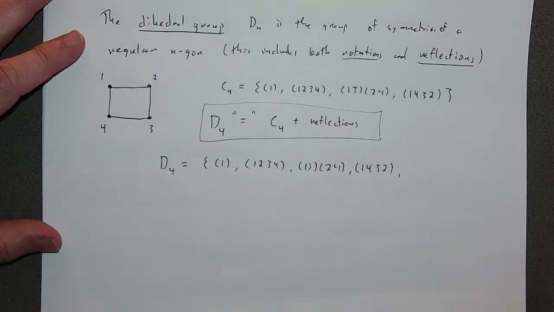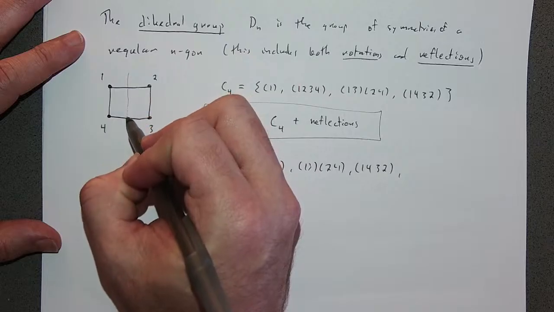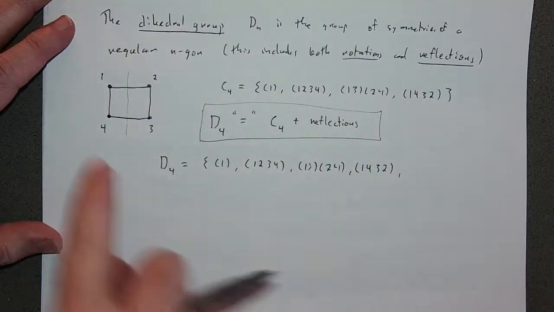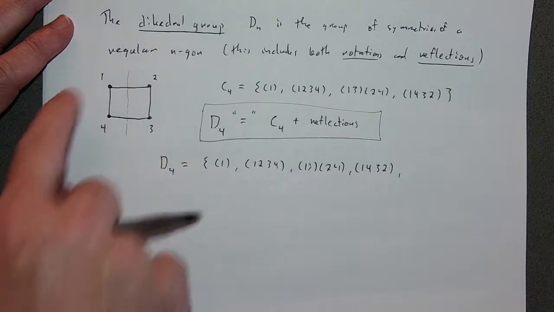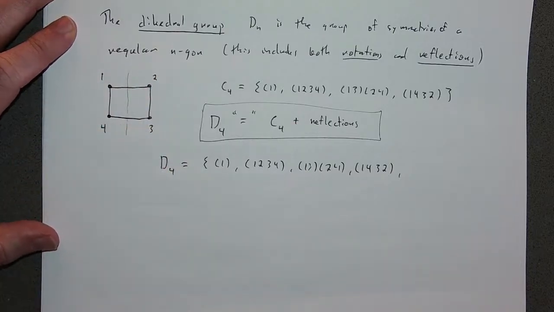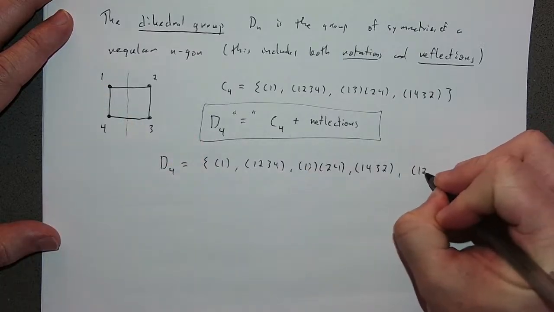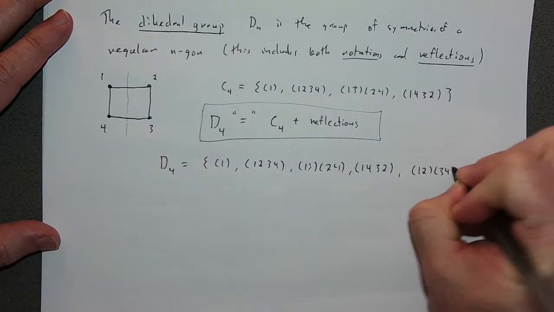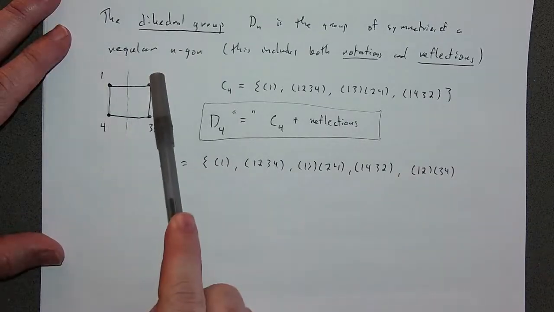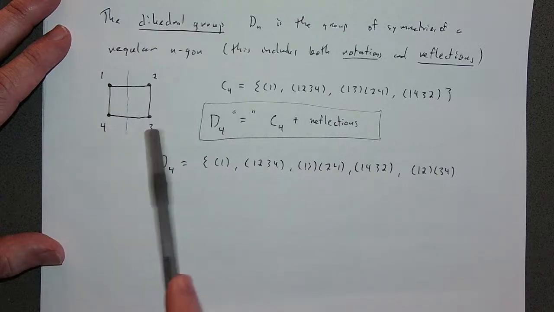There is the reflection across this line of symmetry, which is going to take 1 to 2 and 2 to 1, and 4 to 3 and 3 to 4. So what reflection is that? That is (1 2)(3 4), written like this in cycle notation. So 1 goes to 2, 2 goes to 1, 4 goes to 3, 3 goes to 4.